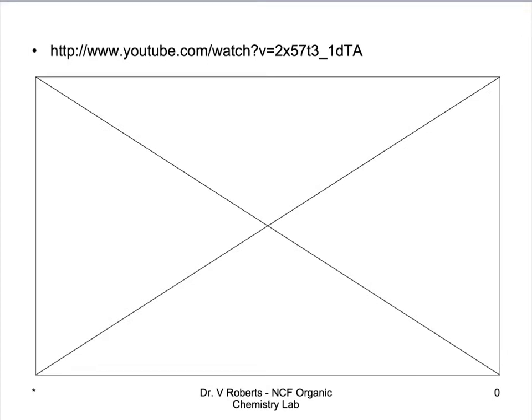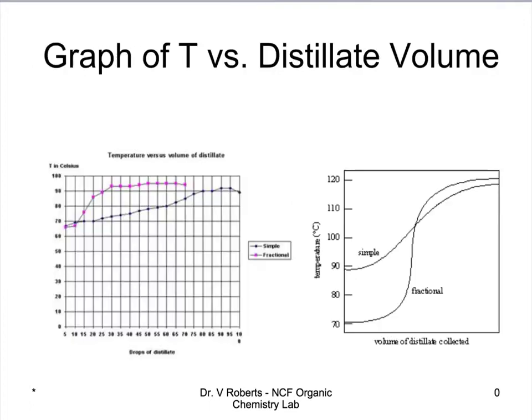Hopefully you had a chance to visit this website to see how to set up your distillation apparatus. Here we are showing the graph that you will need to construct for your lab report. In the lab, you want to collect temperature versus number of drops of distillate.